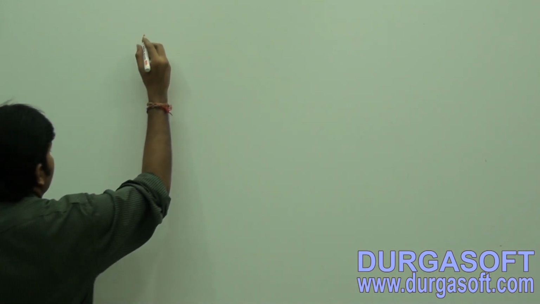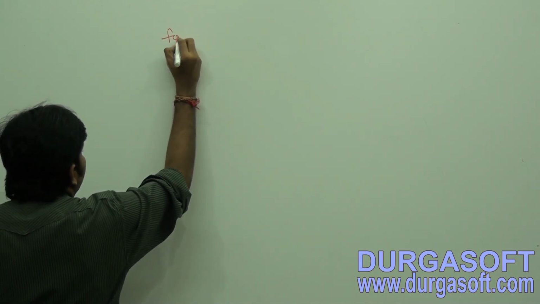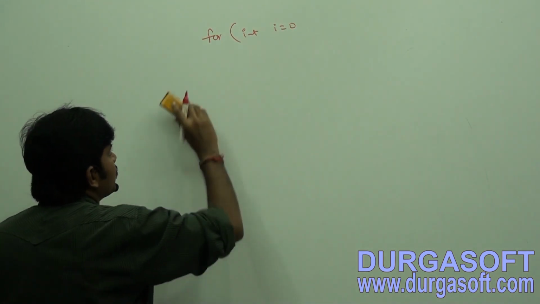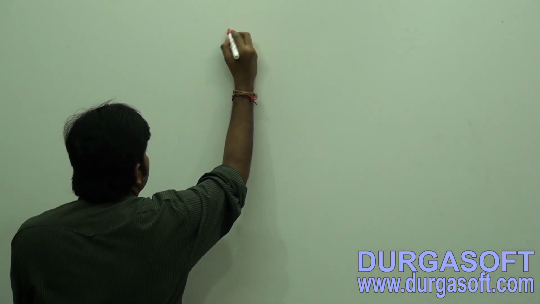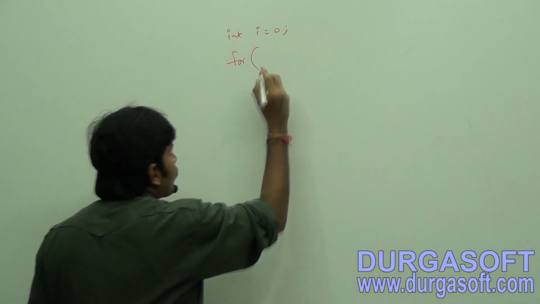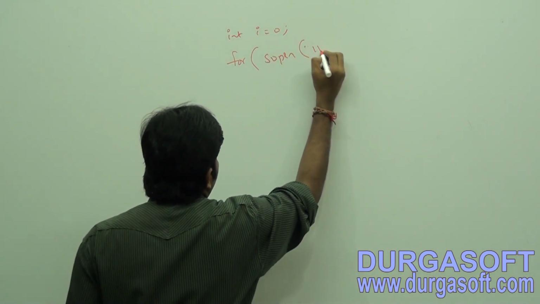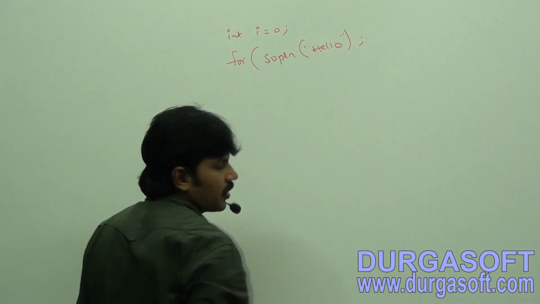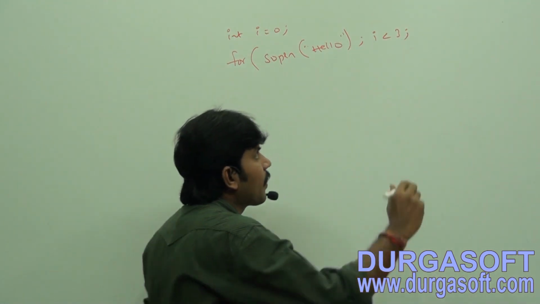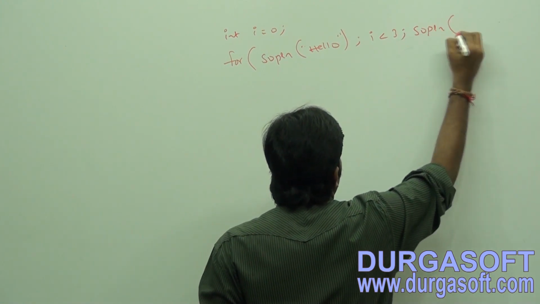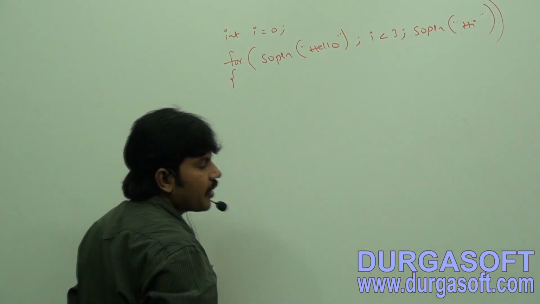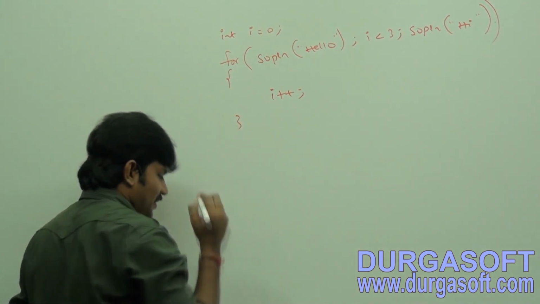Here see, sir, I am taking for int i = 0, System.out.println of hello; next, i < 3, and then System.out.println hi, I am taking SOP of hi. And then what? i++ I am taking.